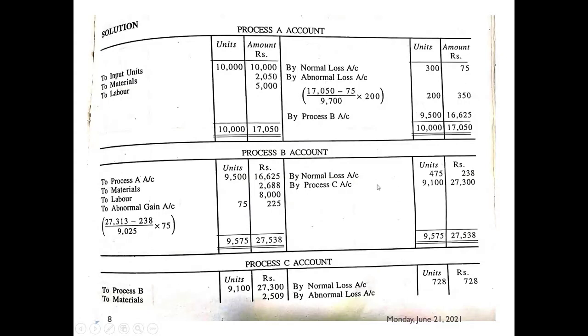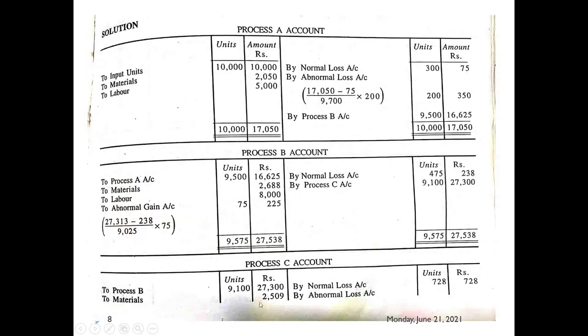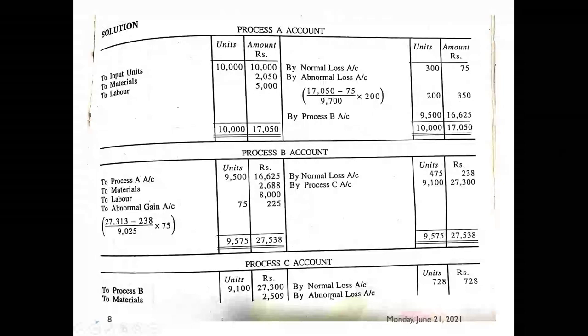First, to process B account at the rate of rupees 3 per unit, 9,100 and 27,300. Now the debit side: material 2,500, then labor 6,500. Next, on the credit side, by normal loss.